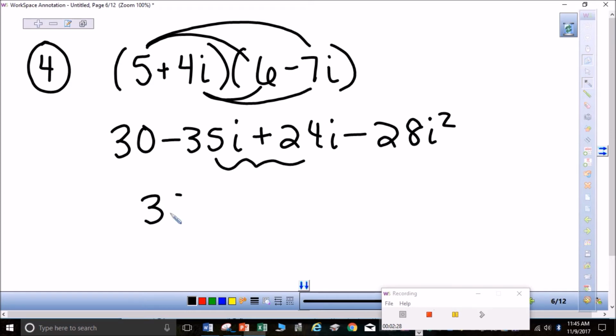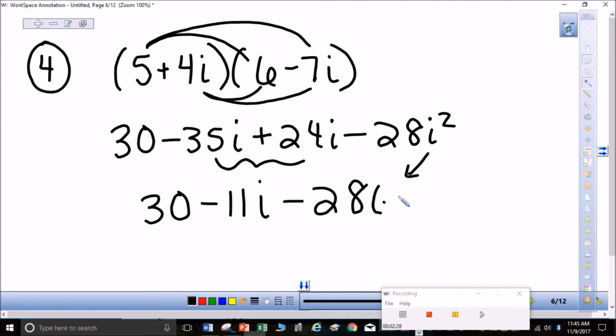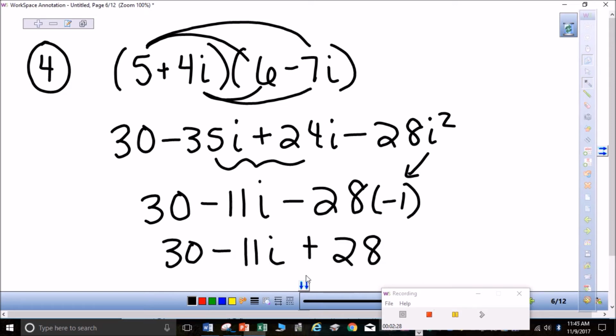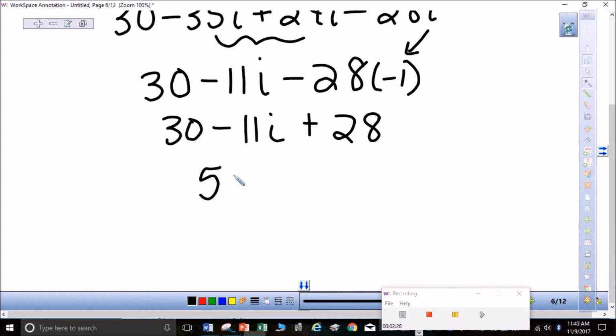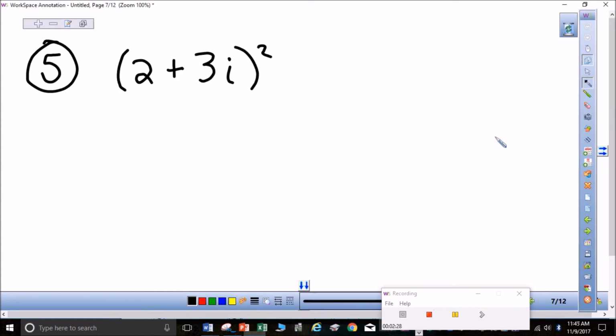You can put the outside and inside terms together, so that's going to give us -11i. i squared, again, is equal to -1. So that turns into positive 28, and then we'll just go ahead and add that to the 30, making 58 in front, minus 11i.